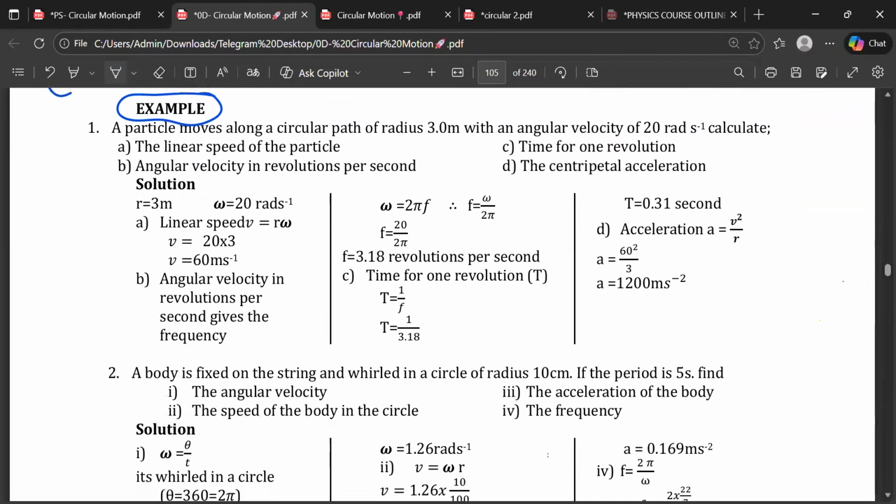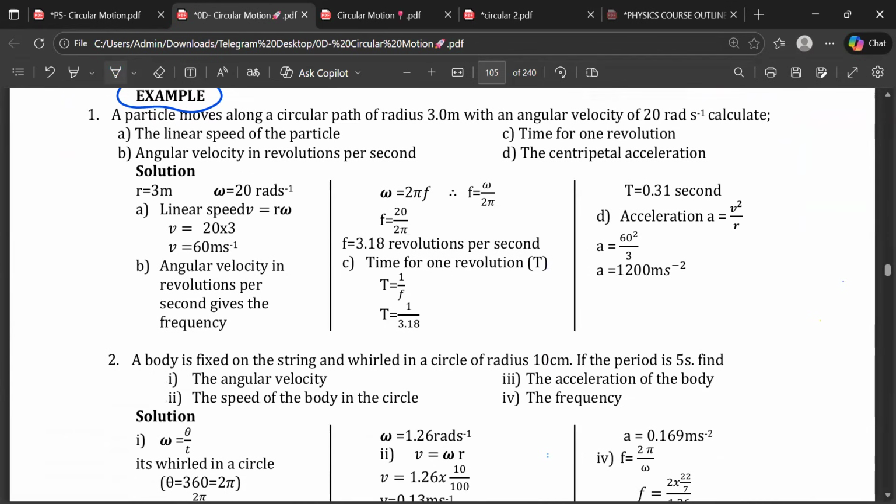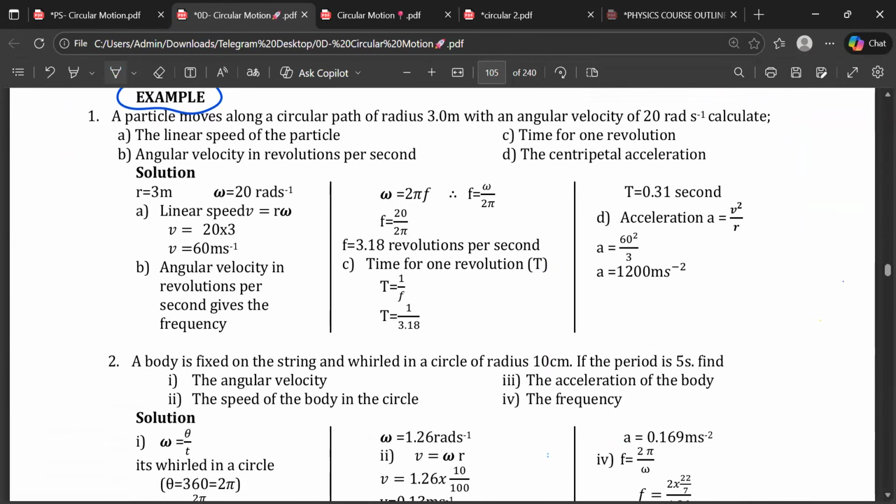Okay. Example 1. So this is where we are going to summarize our work from. Where is our workbook? I think it's here. So we are going to read the question, have a summary. Hope people recall what I told them, the SK mode of calculating. They are telling you that a particle moves along a circular path of radius 3 meters.